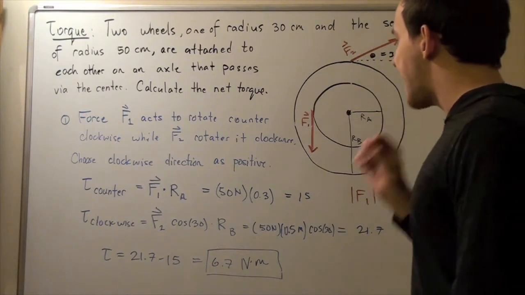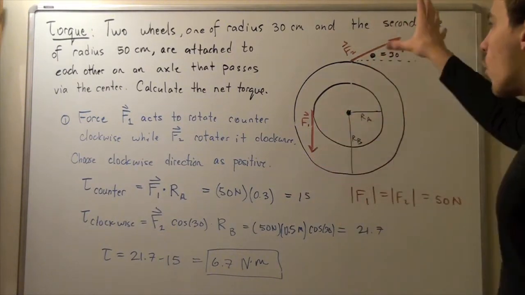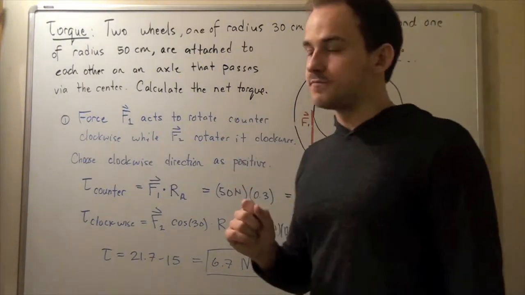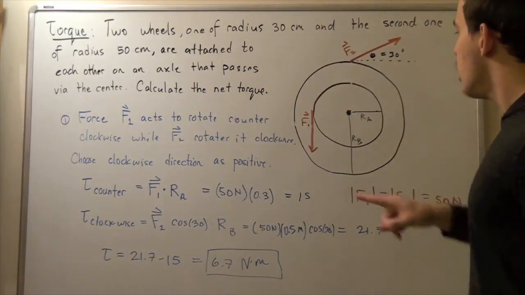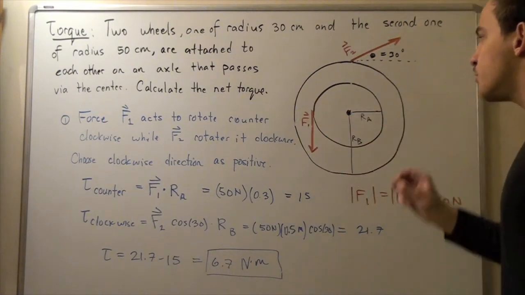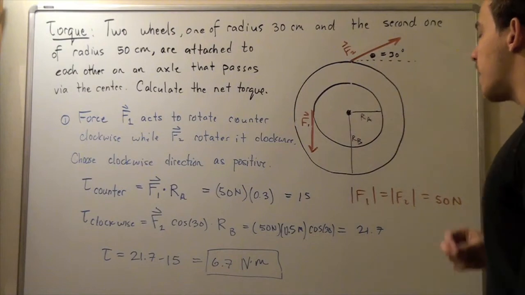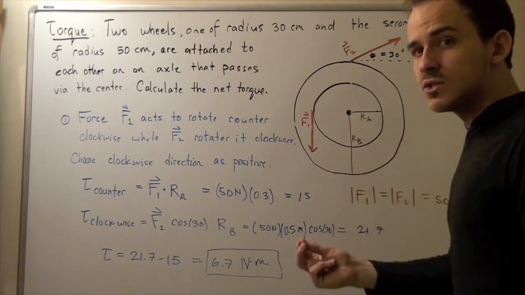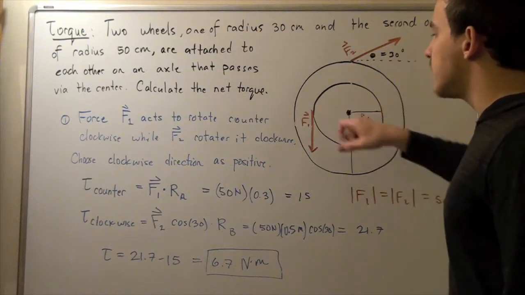Now we want to calculate the individual torques, and then sum them up to find our net torque. Let's begin with force number 1. Force 1 acts at a 90-degree angle to our lever arm, and that means to find the torque, we simply take the magnitude of the force and multiply it by the lever arm.